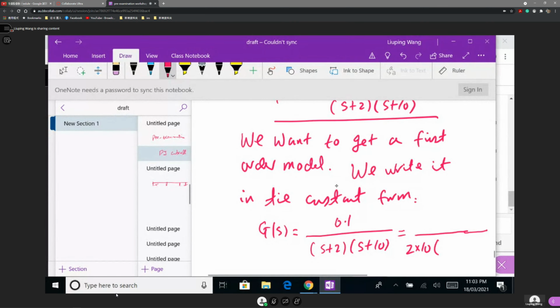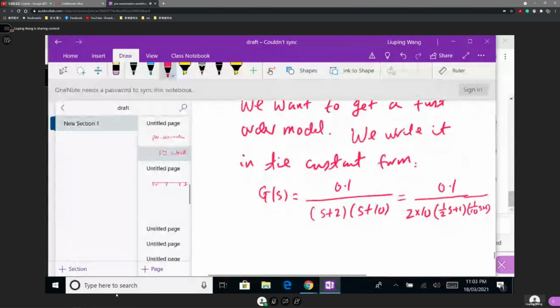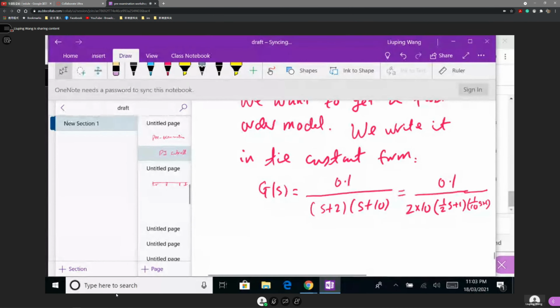Then it's going to be 1 over 2 s plus 1, and then 1 over 10 s plus 1, right? And 0.1. Okay, so I take this pole out and write it into this form. So this is what we call the time constant form.